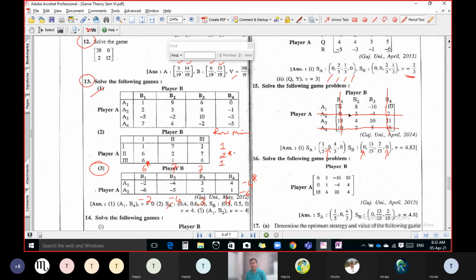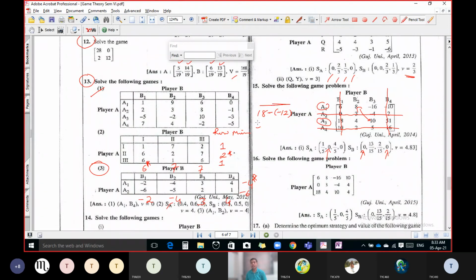Four numbers are there, and we get the probability of A1 and A3. For the probability of A1, simply add these two numbers, 4 and minus 16. What is the total of 4 and minus 16? Minus 12. Then you write the minus sign.